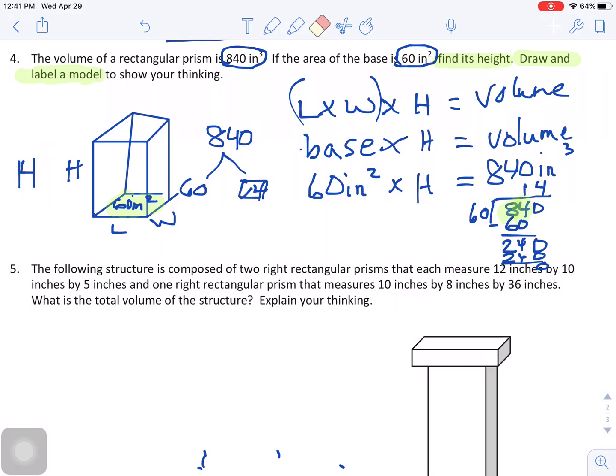I'm just going to write inches. And then I'm going to restate the question. So the height is 14 inches. And there we go.